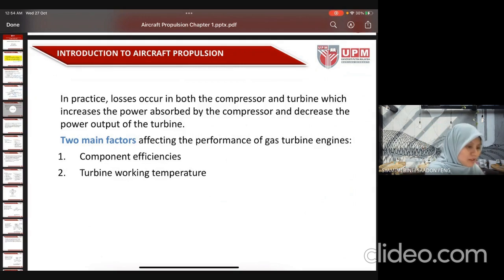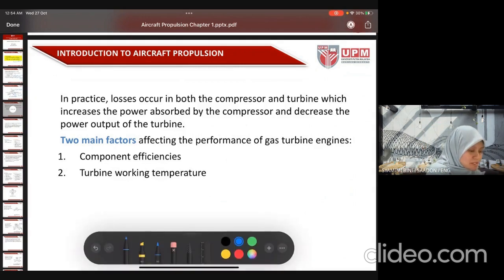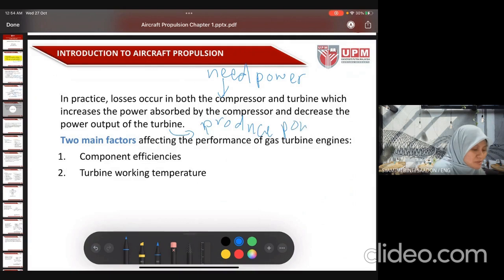When the compressor is low in efficiency, it needs more power to be driven. And when the turbine is low in efficiency, it produces less power. So it is less efficient, sorry. Produces less power, needs more power.